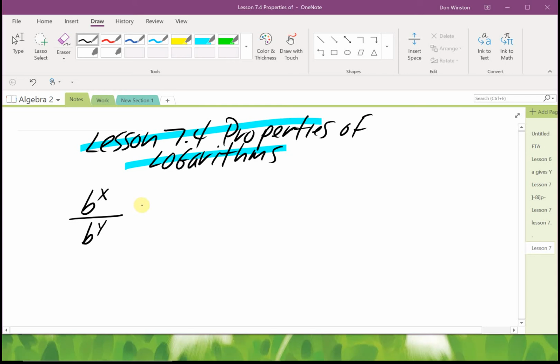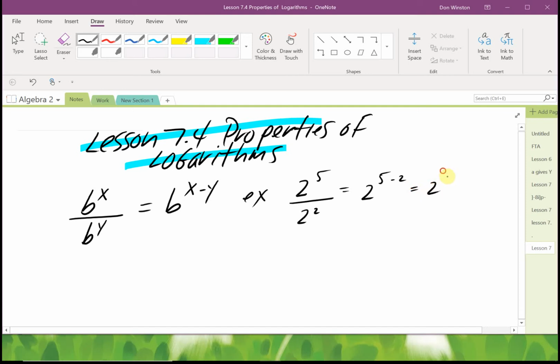So b raised to the x over b raised to the y is equal to b raised to the x minus y. For example, 2 raised to the fifth divided by 2 to the second is equal to 2 to the 5 minus 2, which equals 2 to the third.